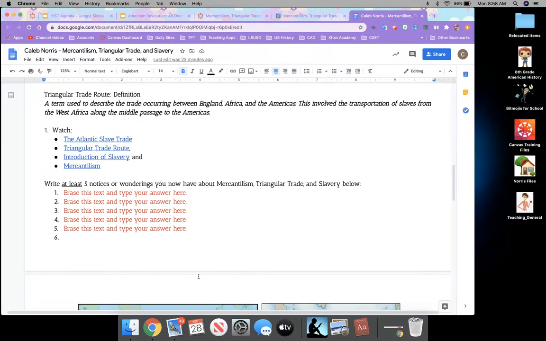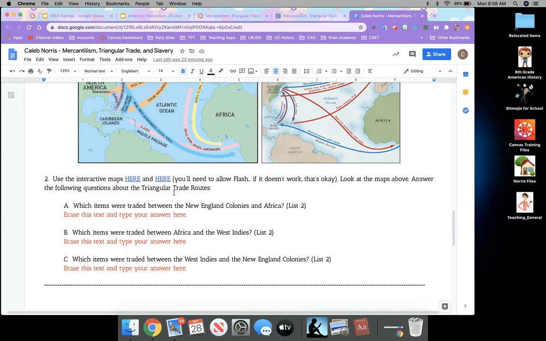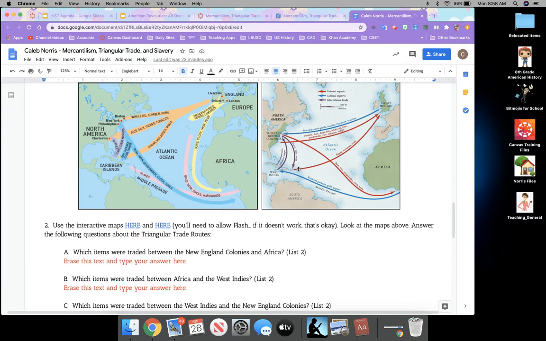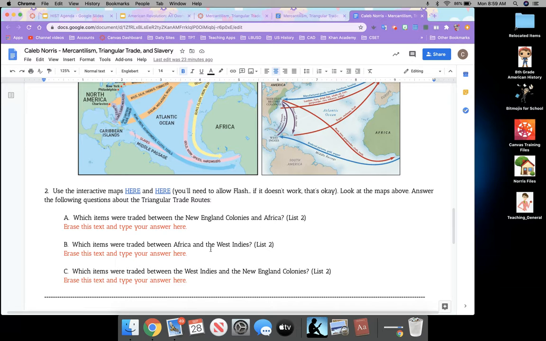If you want to write more, that would be great. Then we have some maps to look at. Here are a couple of different maps, and then there are links to maps here. Like it says, you need to have Flash. If Flash isn't working for whatever reason, that's okay. Just move on to a different resource and then answer the questions here.